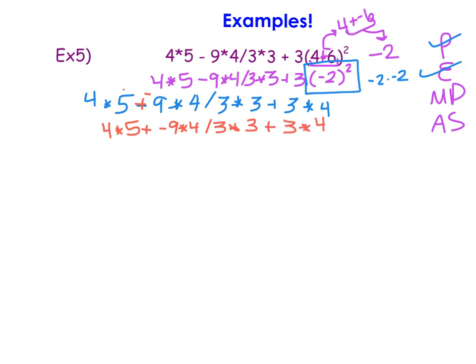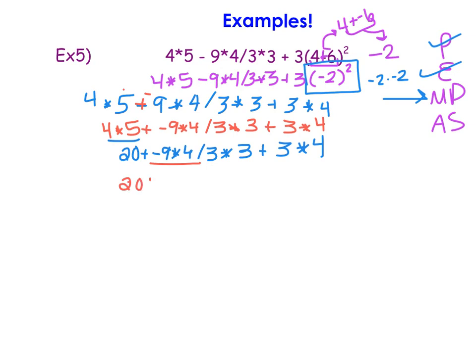Whew. All right, from here we're now going to evaluate all of the multiply and divide from left to right. So we start with 4 times 5, which is 20. And then we write down the rest of the problem. Then we notice that our next multiplication or division is right here at negative 9 times 4. So that becomes negative 36.